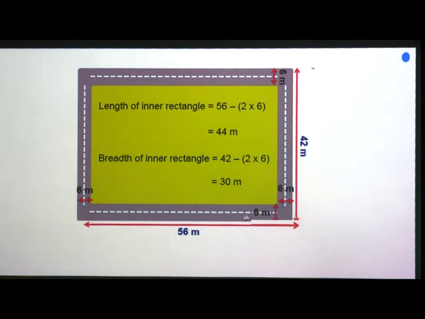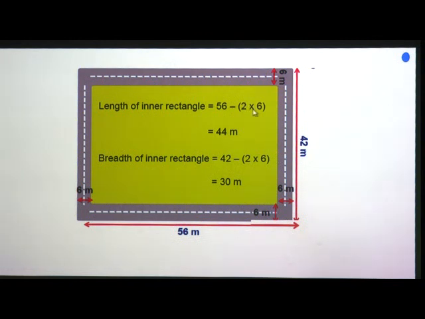You know the length is 56 meters, which will be the same for the inner rectangle, minus 2 times, because there are 2 sides, and 6 is the width given, which is grey in color. We have 2 widths, this is 1 and this is 2. So we are multiplying by 2 into 6.